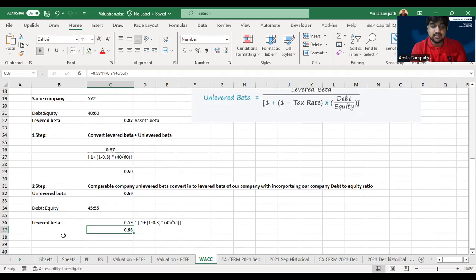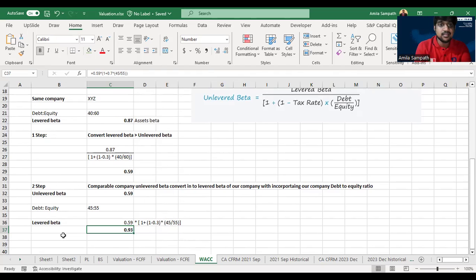If we convert this unlevered beta by incorporating the financial leverage impact, then we call this the levered beta. If that company finances 45% from debt and 55% from equity, then our levered beta is 0.93. Another main thing to keep in mind: if we finance more from debt, definitely our beta will be higher.